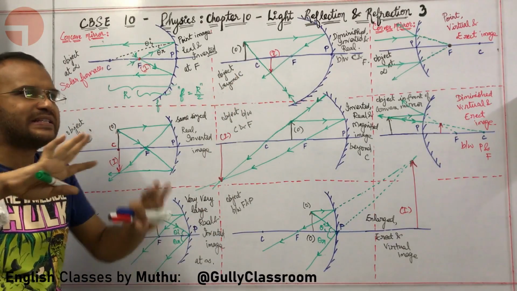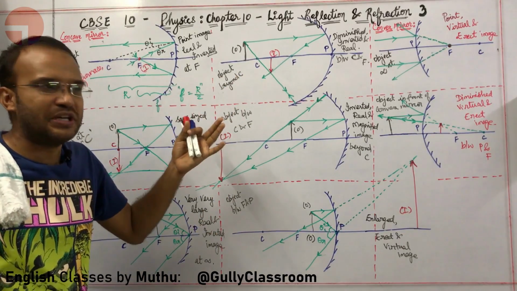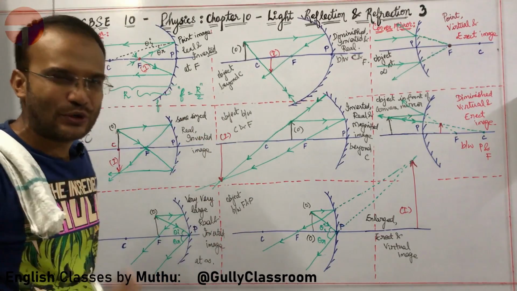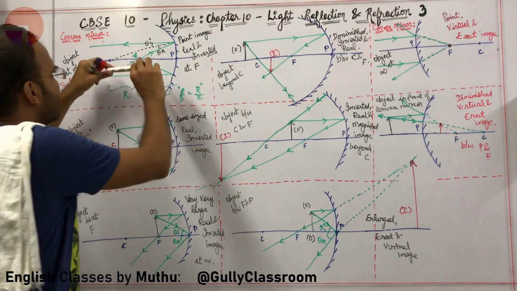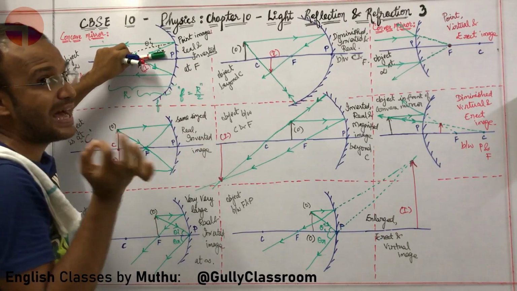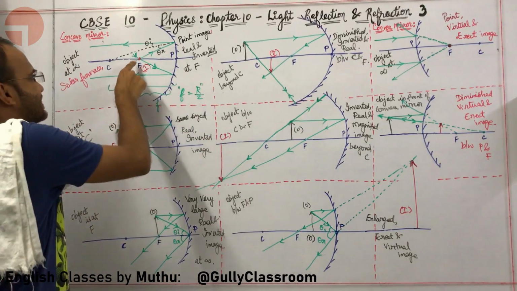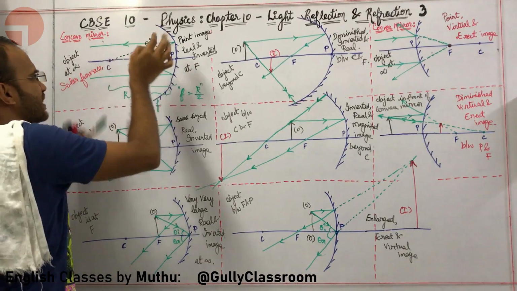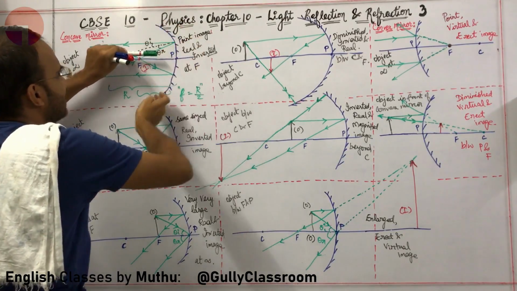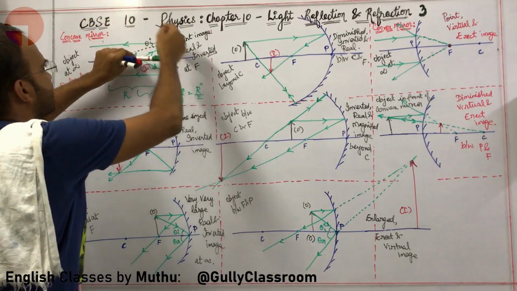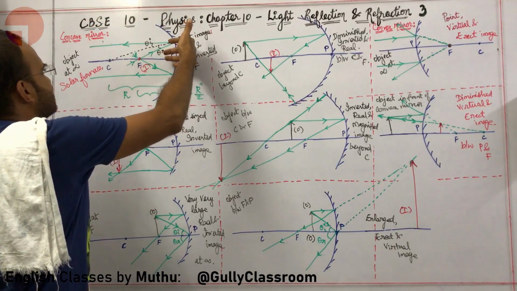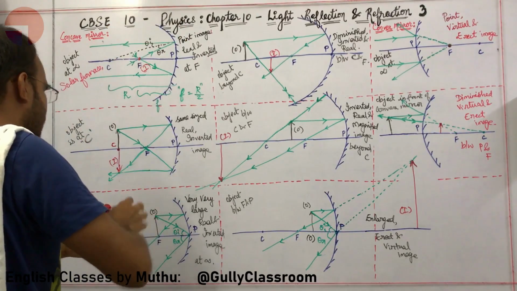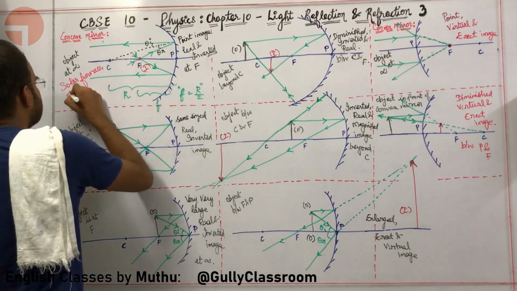But a bulb is simply sending light in all directions and lighting up the entire room. So a torch light, in order to get parallel beams of light, has a light source at F. The light source at F is focusing the light on the reflecting part of the concave mirror, and it is making the light rays parallel. These parallel light rays are used in torch light.